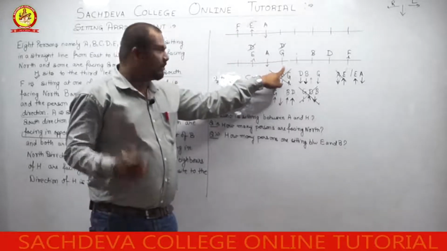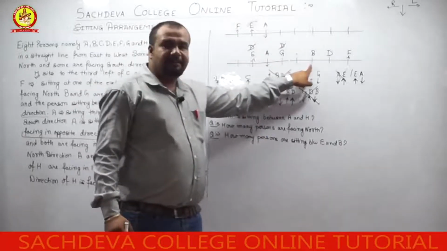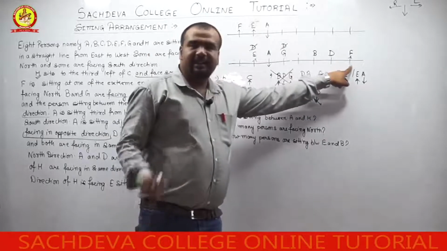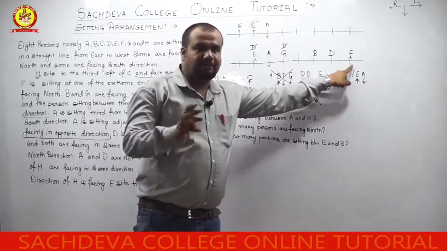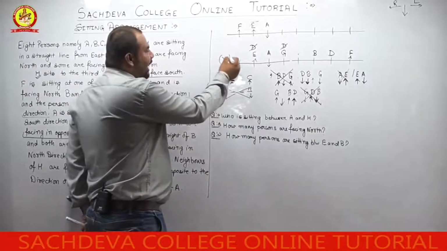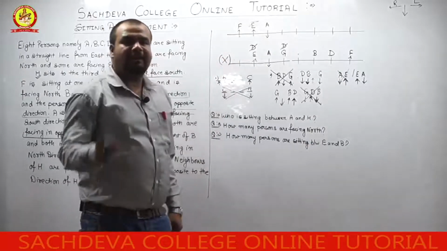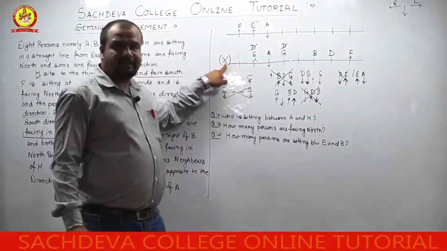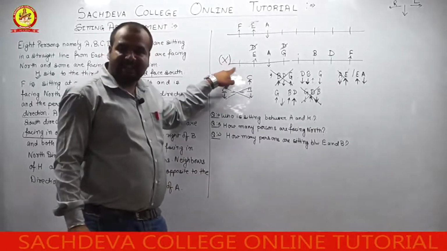No, it is not possible. Again, H space C, is it possible? No. So we come to the conclusion that this arrangement, which we have taken for the second time, is not correct.